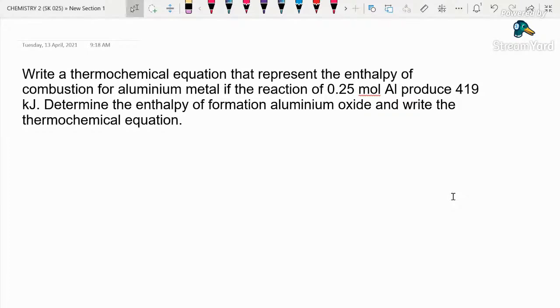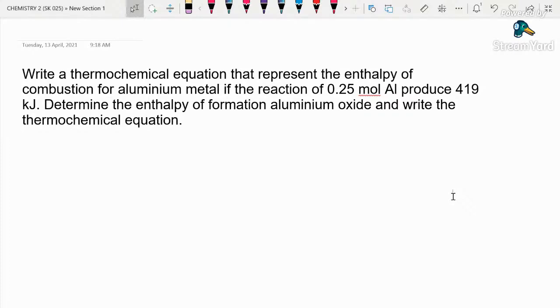Apa benda number 2 ni dia cakap apa? Write the thermochemical equation that represent the enthalpy of combustion for aluminium metal if the reaction of 0.25 mole aluminium produce 419 kilojoule.